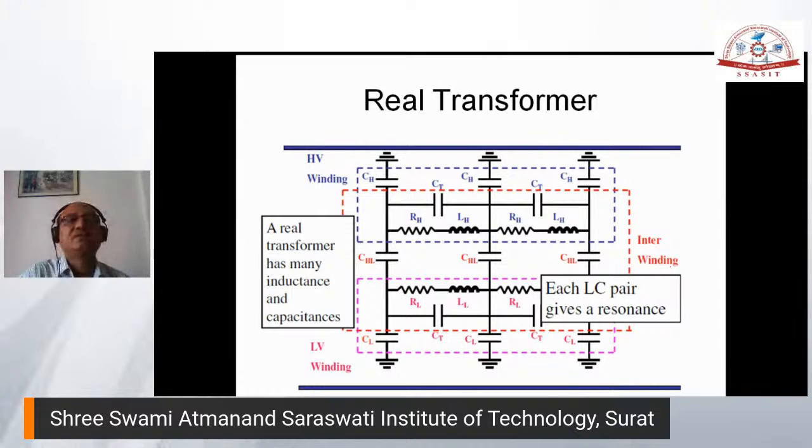In a real transformer, this is not even totally drawn. It is just to show a sample. In a real transformer, there are many inductances and many capacitances. It will be a complicated one. So it will have the input on the HV side and the output on the other side. You can have different combinations of R, L and C, right?